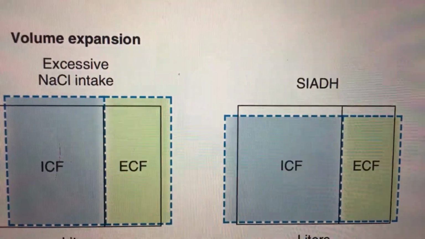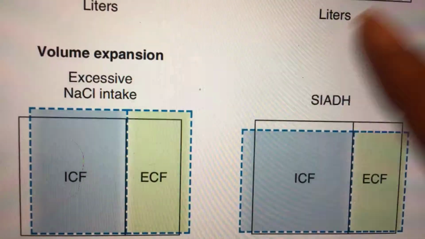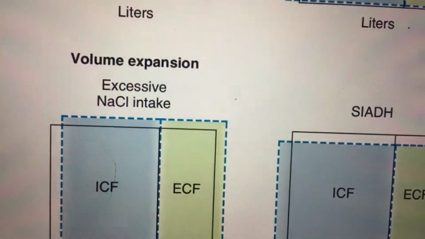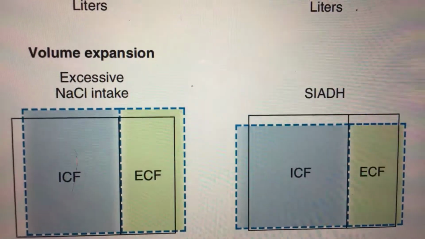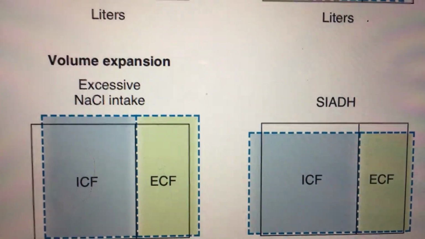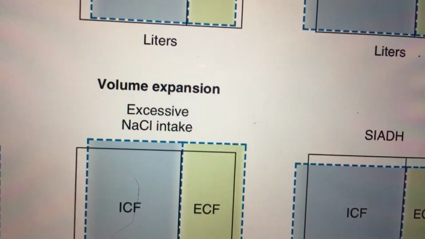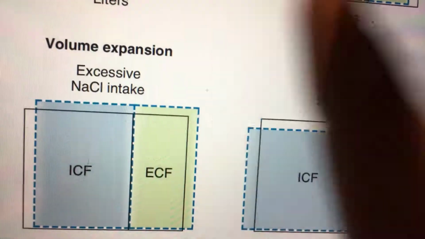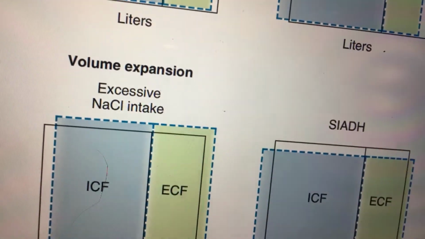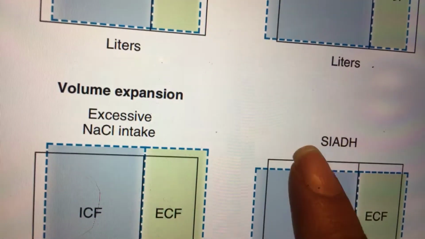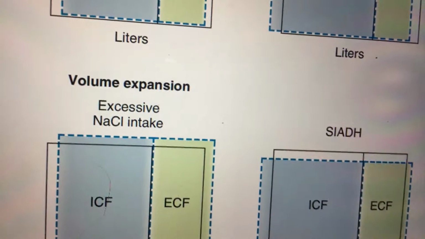No, this is expansion. Yeah, it's expansion. I'm not exactly sure on this. This is about the disease, that's what's a bit confusing. The syndrome of inappropriate antidiuretic hormone produces excessive antidiuretic hormone when you're not expecting it.